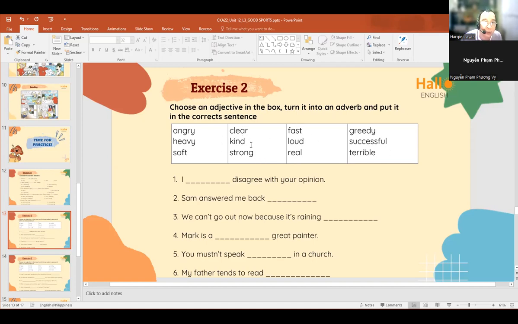So what we can do is turn it into an adverb. How are we going to do it? For some of the adjectives, to form the adverb we just have to add ly at the end, right? There are also some that we need to change the spelling.